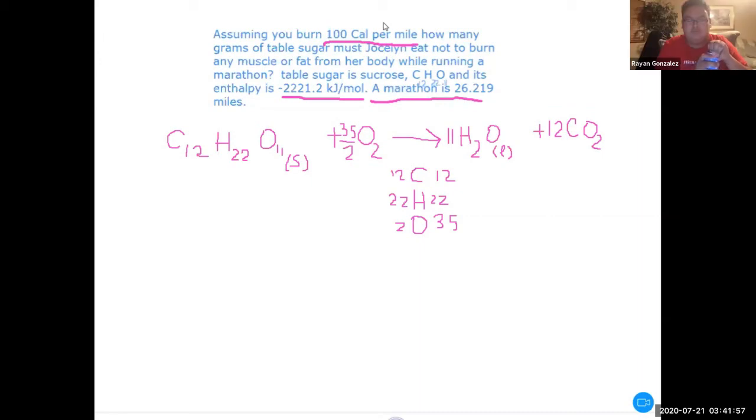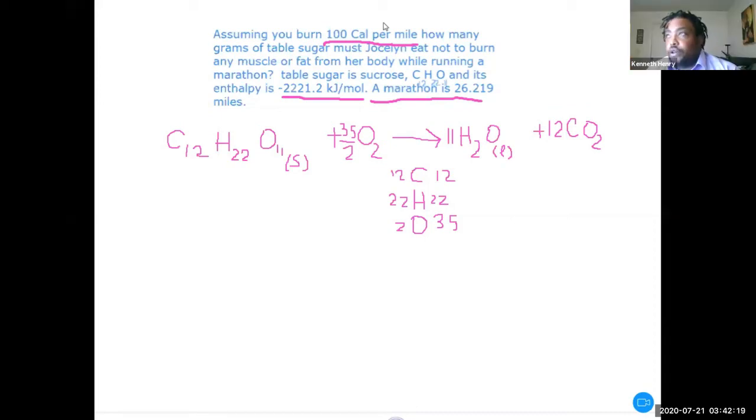Okay, so what's next? So do we calculate how many kilocalories or how many calories she's going to be burning throughout this marathon? Okay, so how would I go about doing that? Taking the length of the marathon, times 100, because that's the calories per mile.